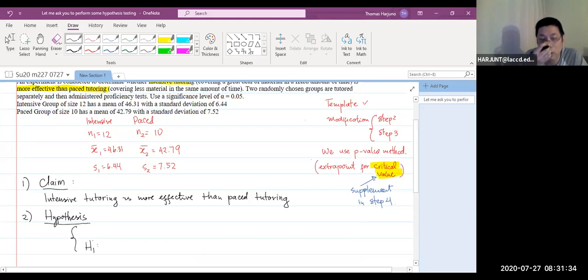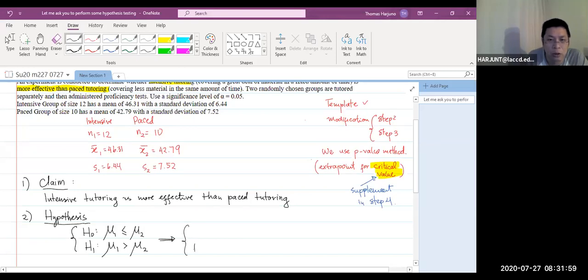And then we would like to have the mean from the first group to be higher than the mean from the second group. Then the complementary statement will be less than or equal to. And then we will move this.